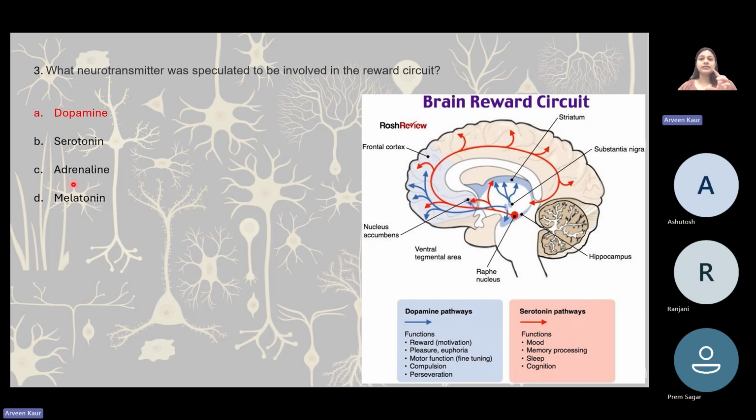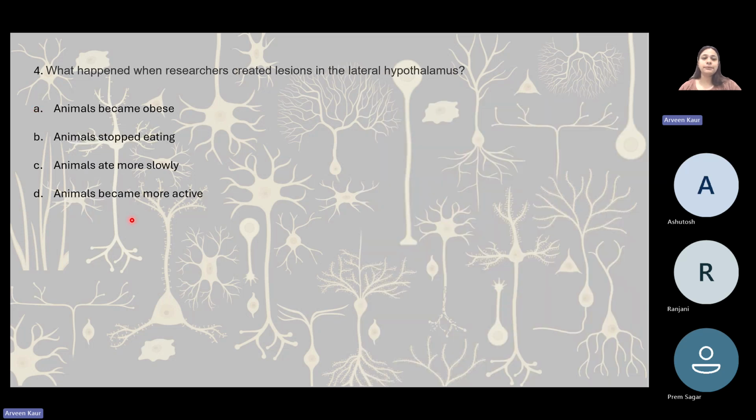Now, adrenaline is your response hormone or response neurotransmitter. And melatonin is a neurotransmitter which is more associated with sleep induction. With sleep, it will also balance the circadian cycle.